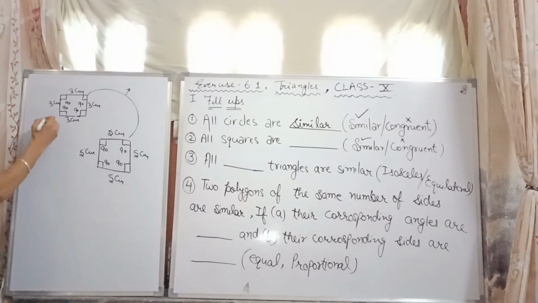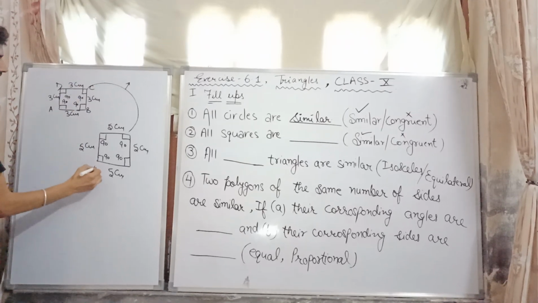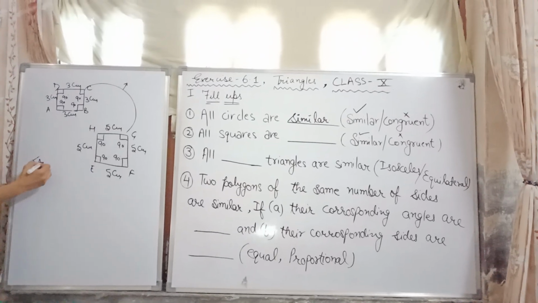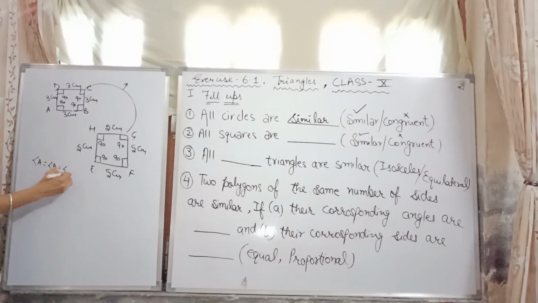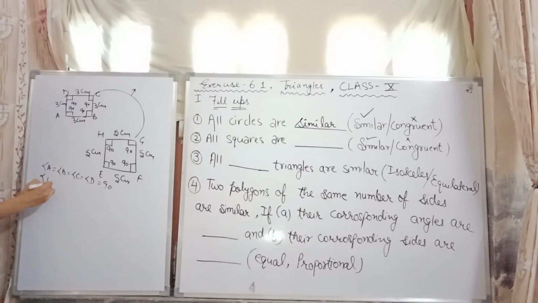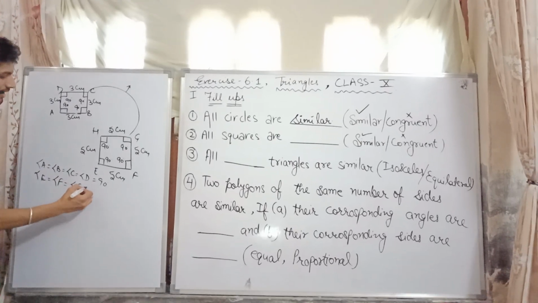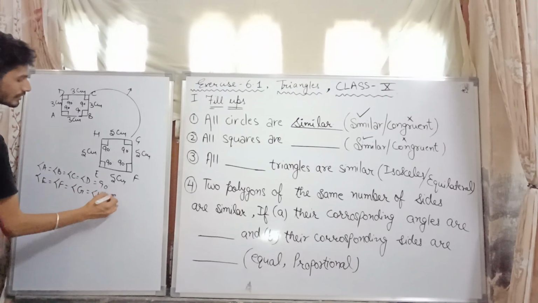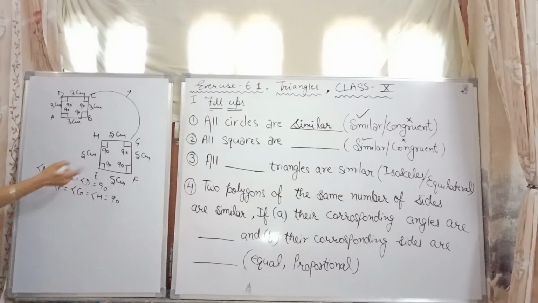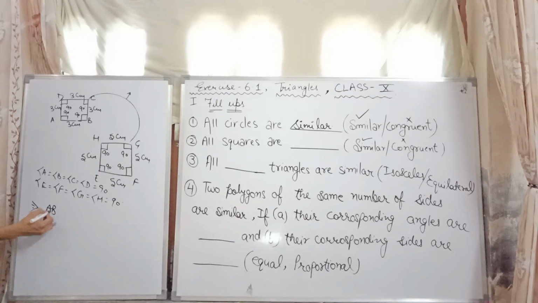If I take the proportion, let us take the first square as ABCD and the second as EFGH. Angle A equals angle B equals angle C equals angle D, which is 90 degree. Angle E equals angle F equals angle G equals angle H, which is also 90 degree. And the proportions of the sides are also equal.